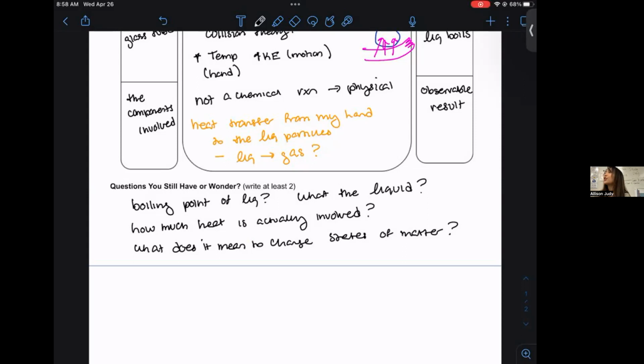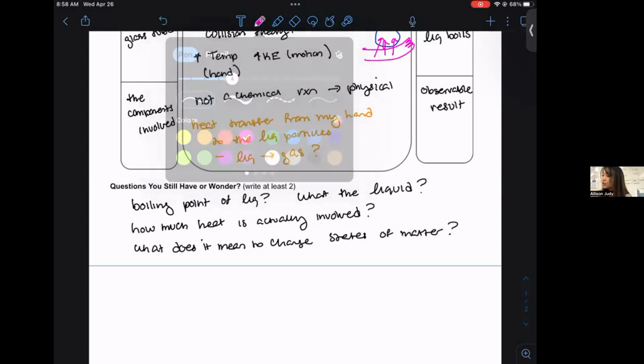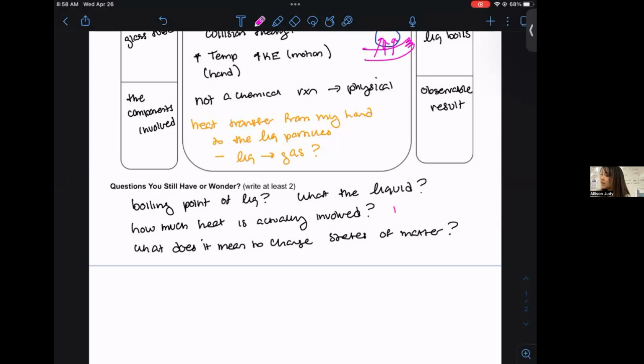And particularly, there's one that we also should ask ourselves, which is the big idea: what is the relationship between heat and matter? Heat, energy, and matter. Why are those things connected?